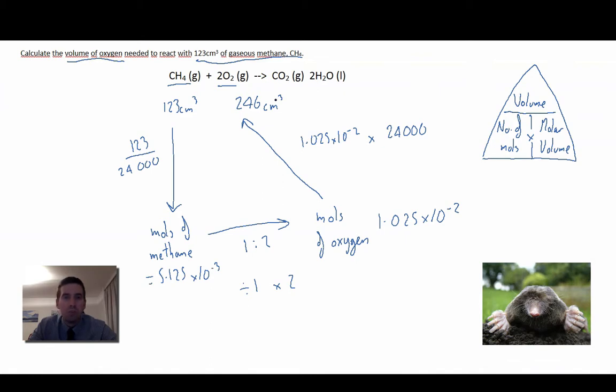Therefore, for the volume you started with, the methane, all you had to do was multiply that by 2. So because the molar volumes are the same for any gas, the ratio of volume will just be the same as the ratio of moles.